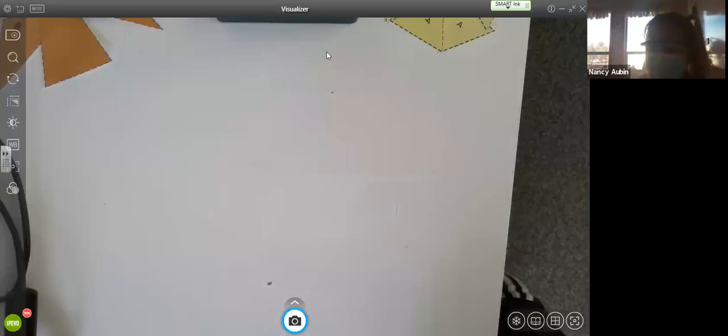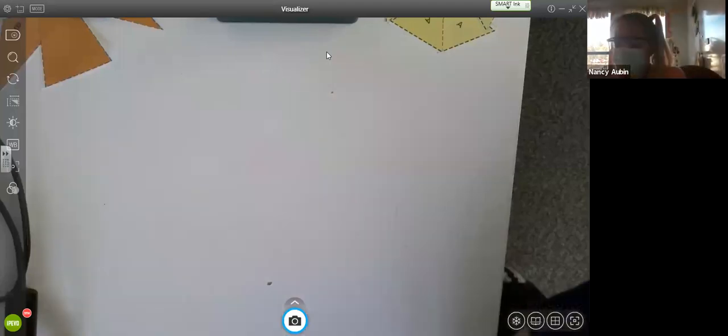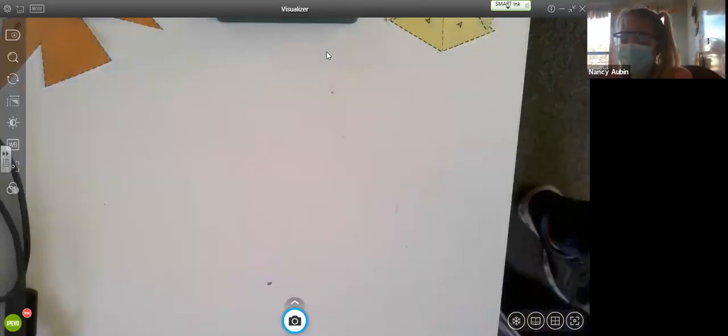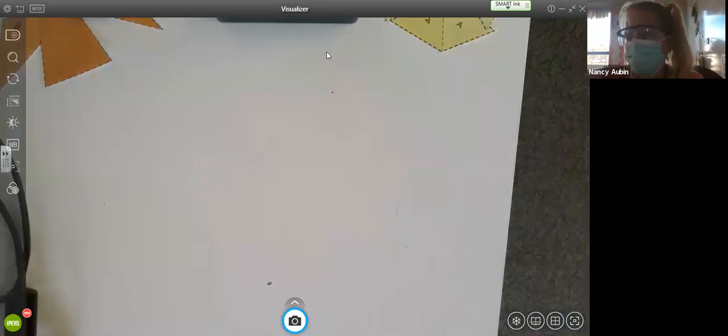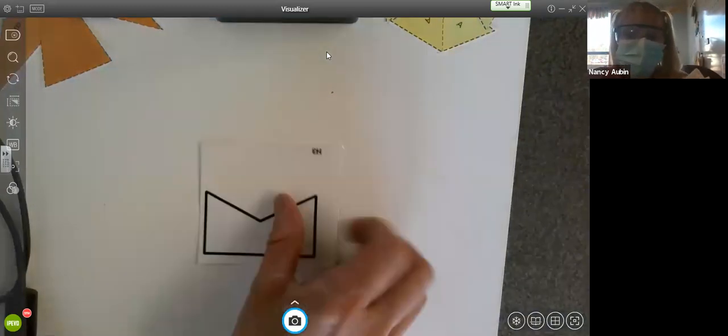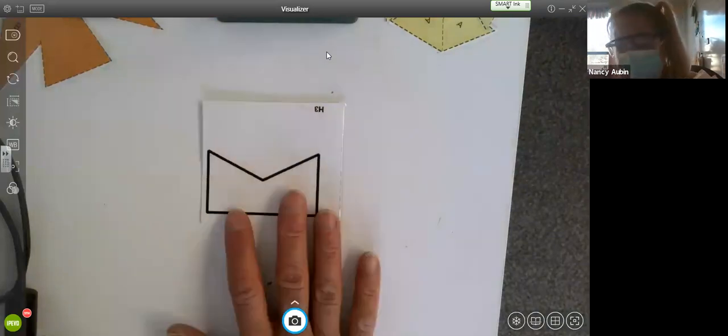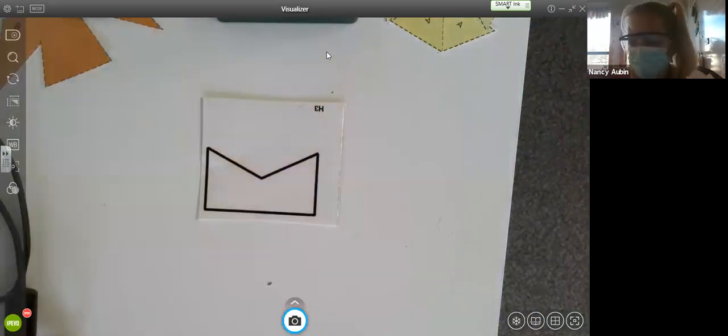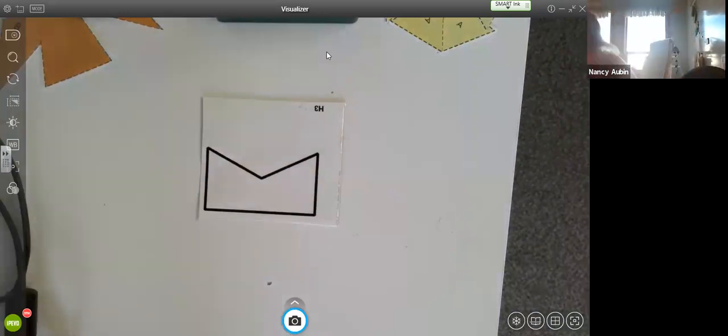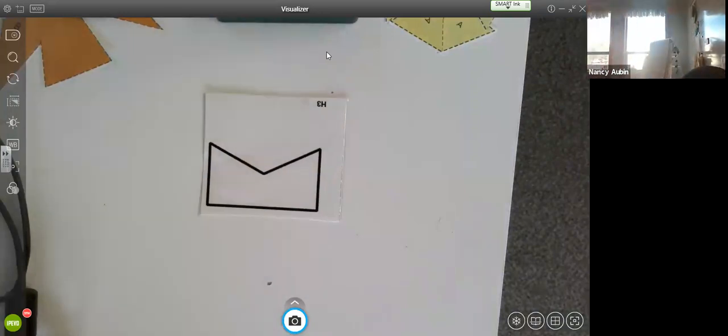So you can put those to the side. I'm going to give everybody a shape. Here are my remote learners. This is your shape. I'm going to be asking questions about your shape. So remote learners, this is your shape. The rest of you are going to get another shape.